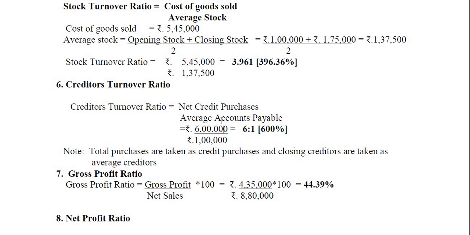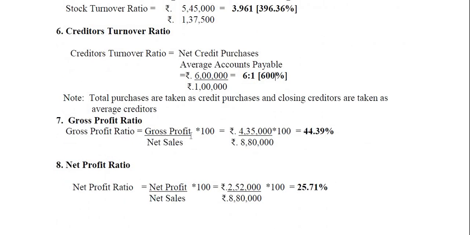Actually, it is the average of opening values of creditors as well as bills payable plus closing values of creditors plus bills payable. Then you have to calculate average accounts payable. But in our problem, you find only creditors value, that too closing creditors. So that is taken as a representative value. So 6 lakh divided by 1 lakh, you will get 6:1. So creditors turnover ratio is 600%.